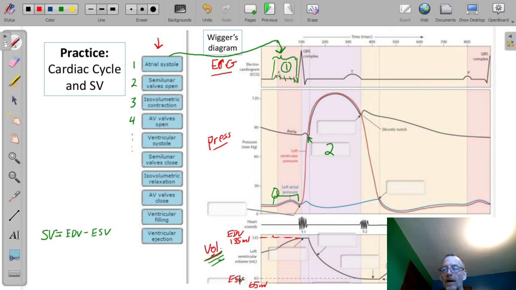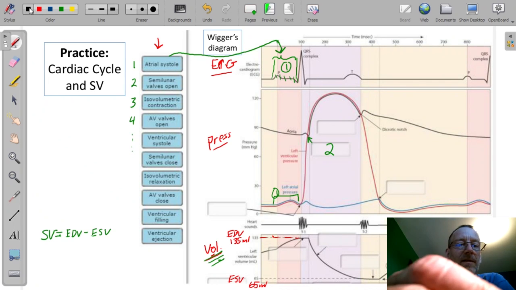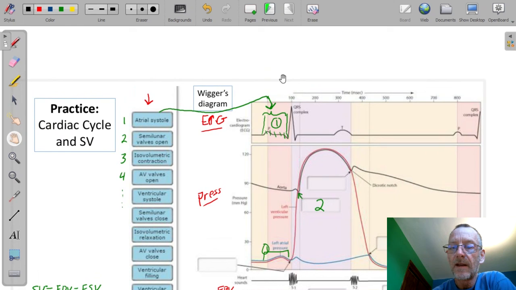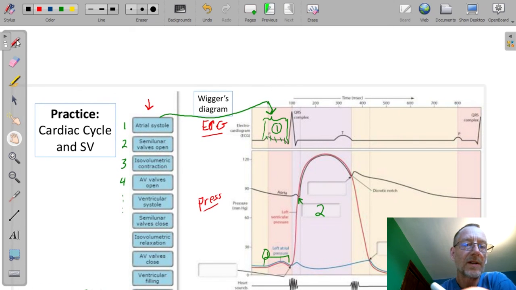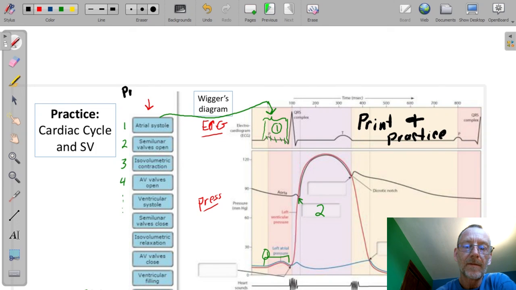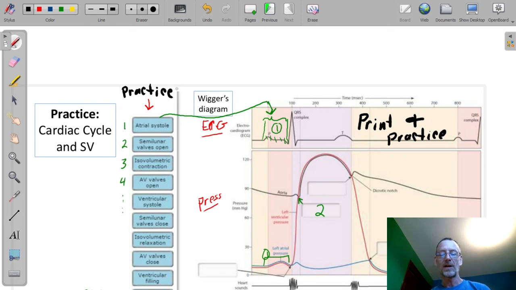So I would print out a couple, or maybe one, copy of this diagram and practice doing this, and calculating cardiac output or stroke volume. Okay, see you next time.